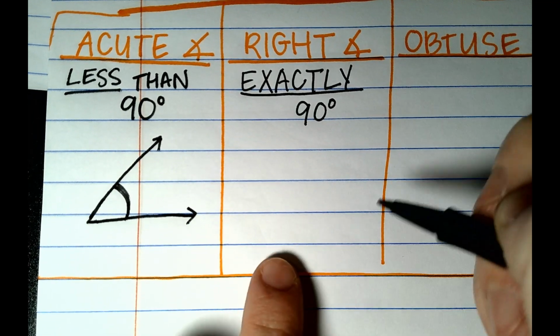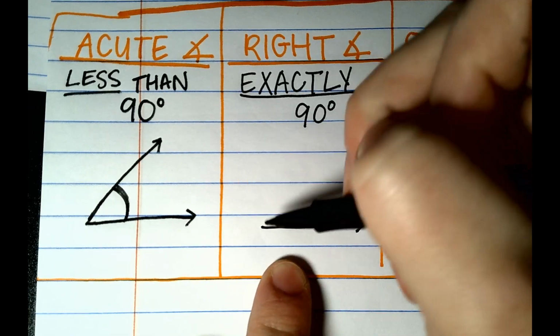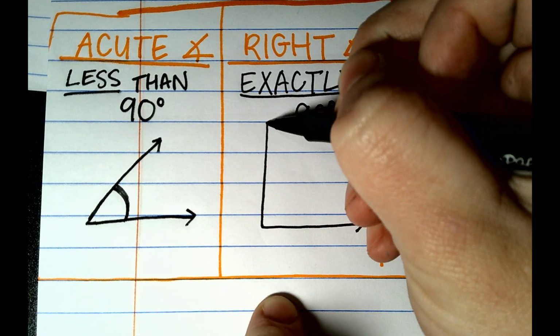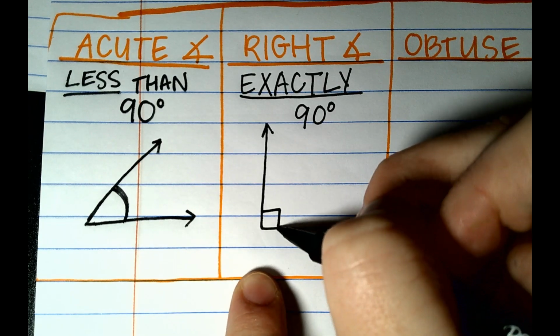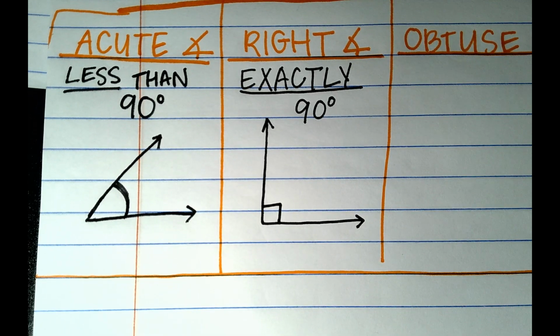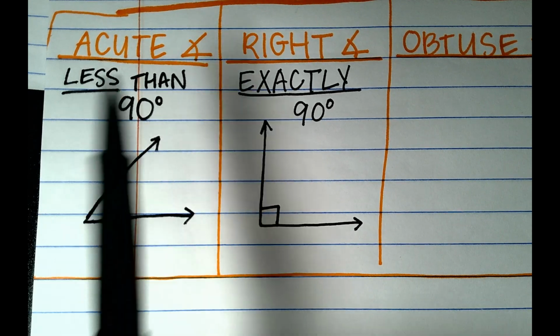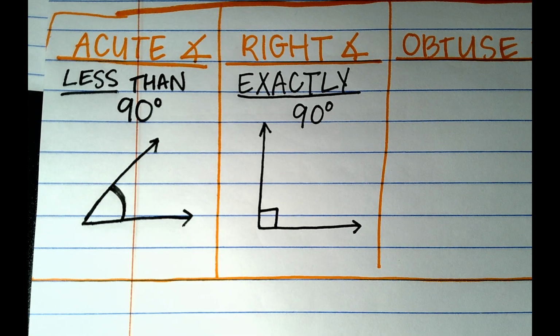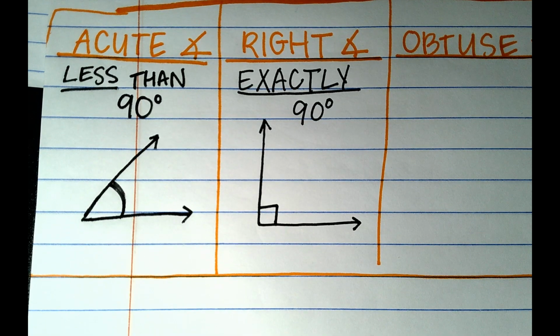And a great way to recognize a right angle is that the ray shoots straight up like that. And we always put a box. So acute is less than 90 degrees. Right is exactly 90 degrees.